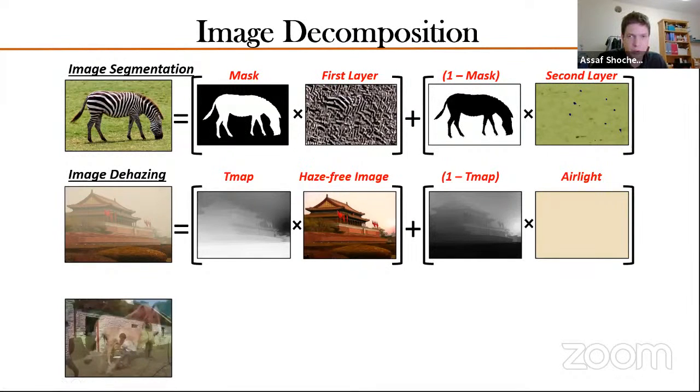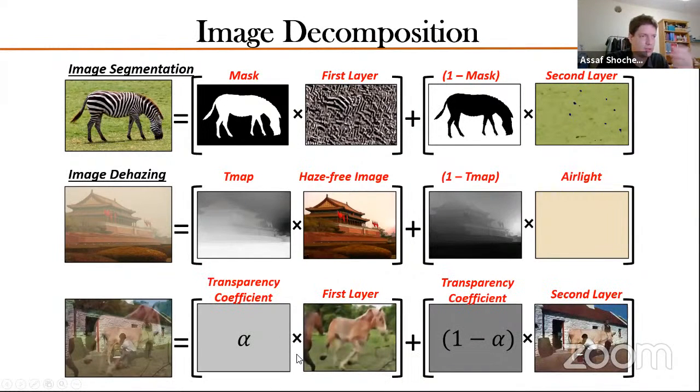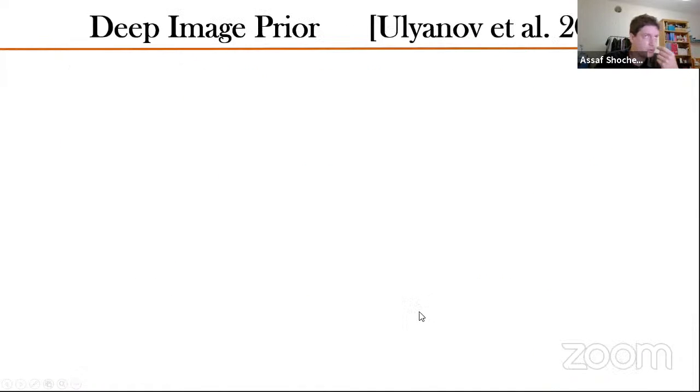And if you have this situation of transmission and reflection, say you take a photo through a glass window and you want to separate them, you can say that you have this transparency coefficient multiplied by the transmission, plus one minus that multiplied by the reflection.